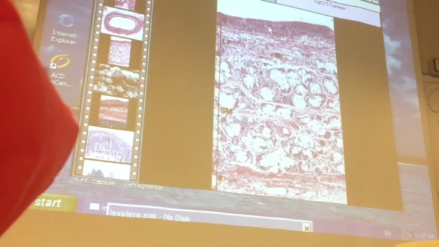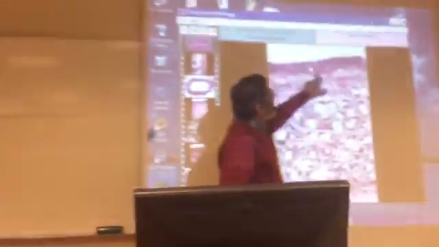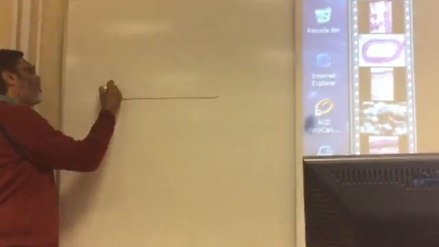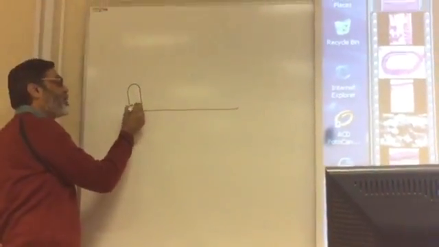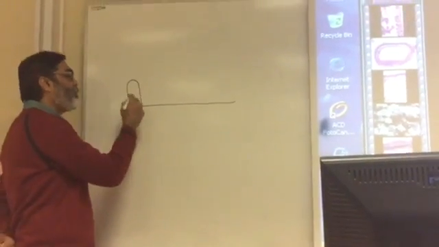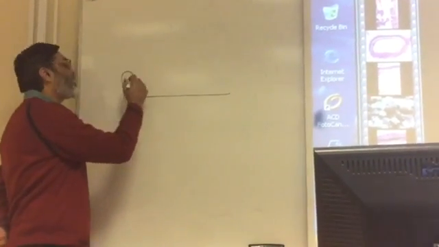So the cells, now look at this. Here is the basement membrane. This is the basement membrane here. And the cells, here we have a cell, simple columnar like this, and pseudo-stratified, simple, it is pseudo-stratified columnar.